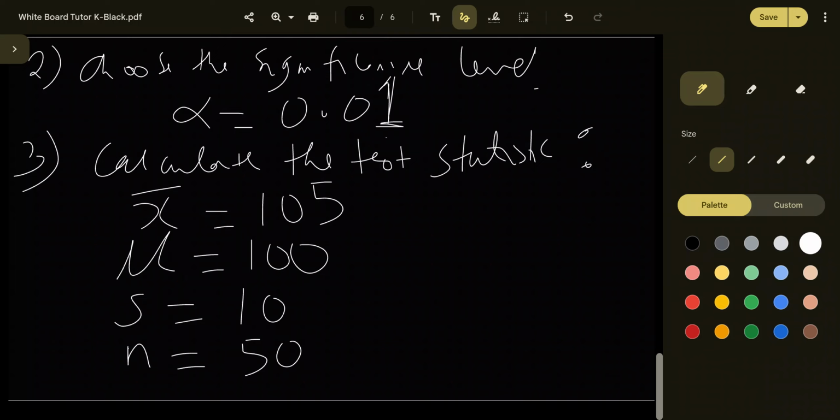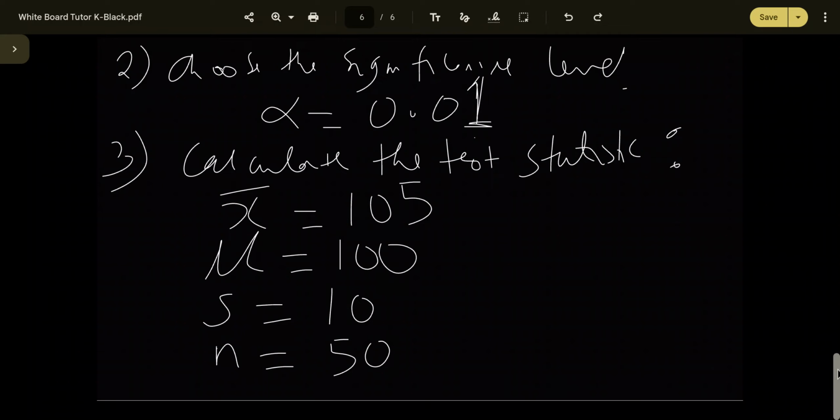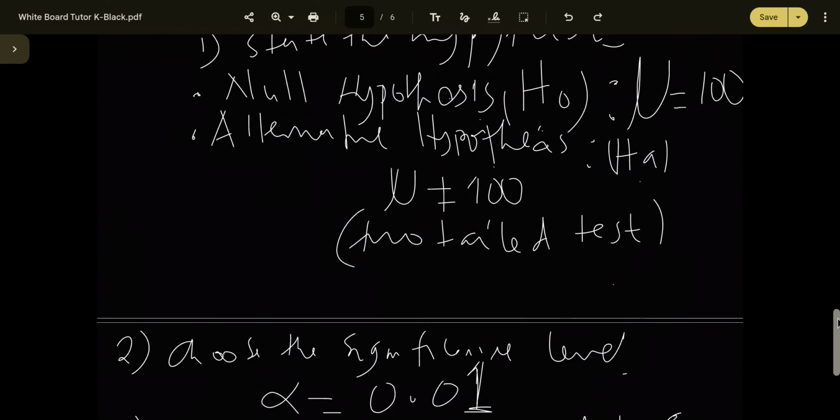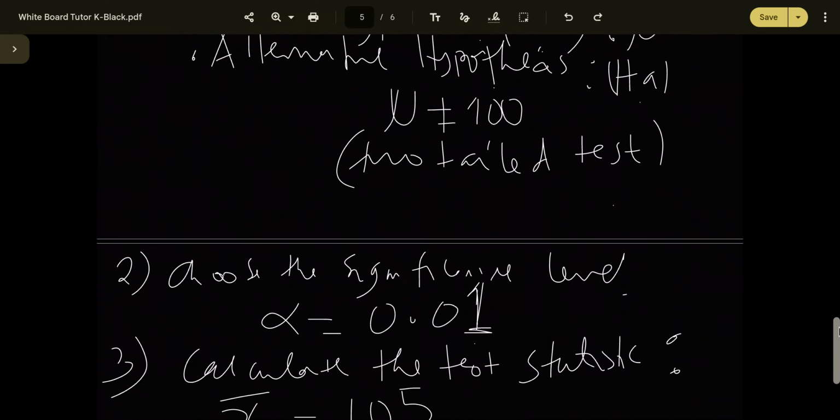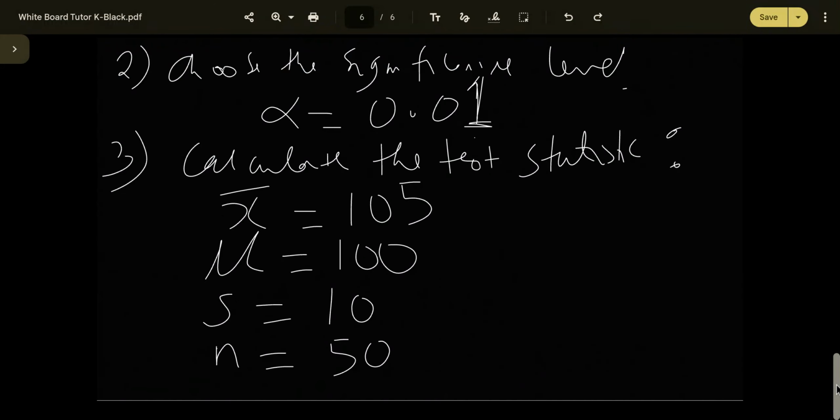Now let's use the formula to find the test statistic, because that is what we are looking for. Let's use the formula and see how far we can go, and how we are going to solve this question.